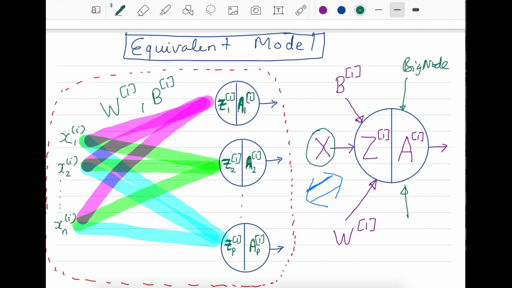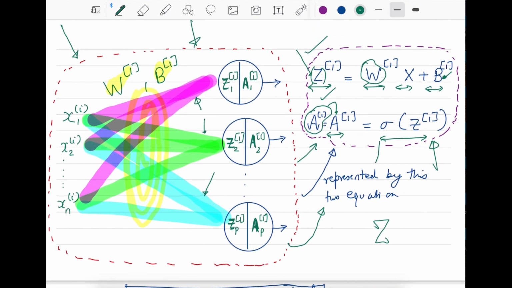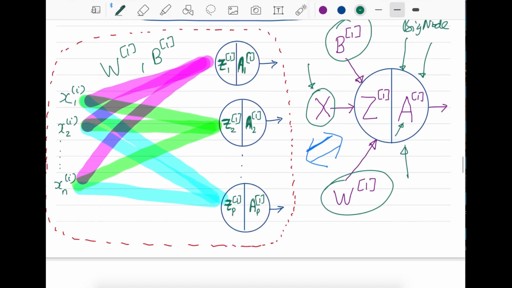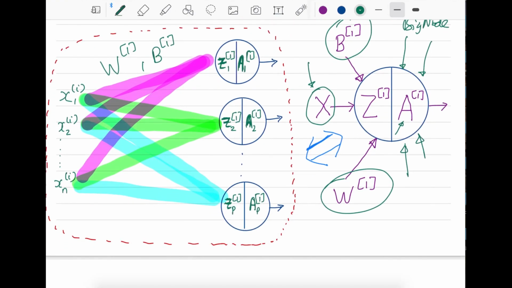It takes inputs: the three inputs, the bias, the weights and X, and it outputs A. So this is nothing but an implementation of these two equations. Once you have this, it will be easy for us to do multiple things which we'll be seeing in our next slides.